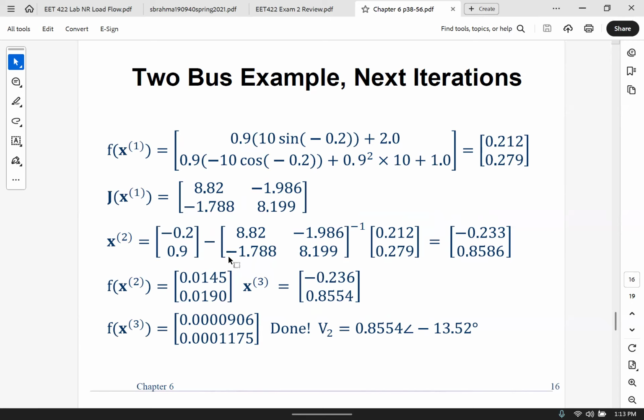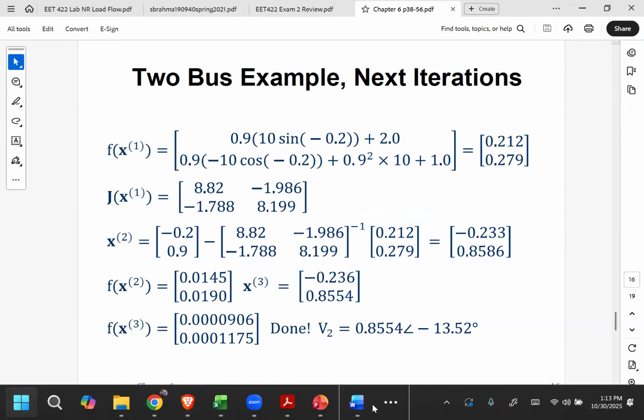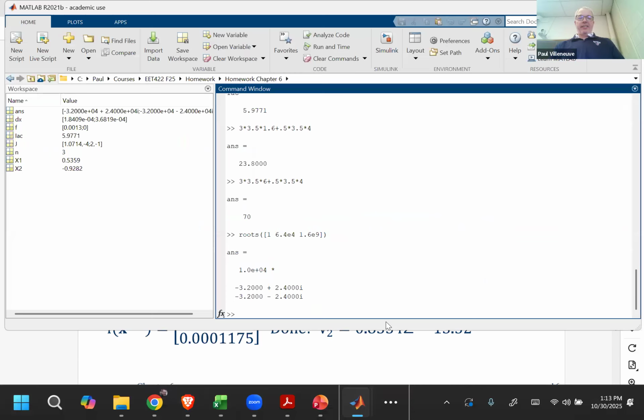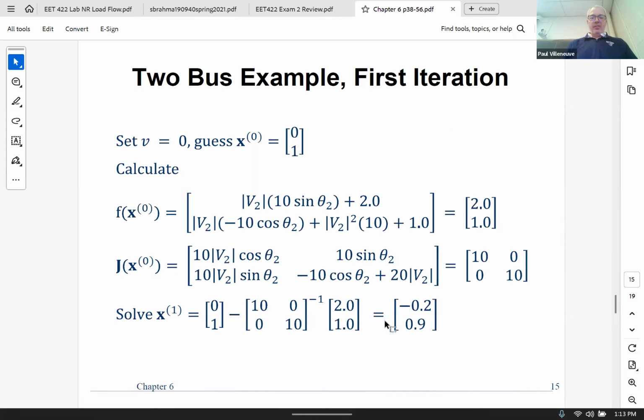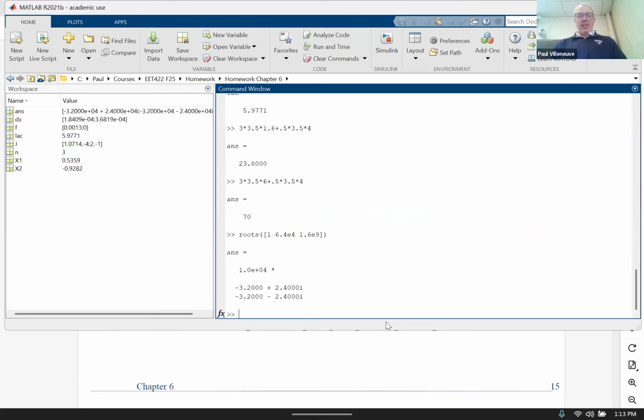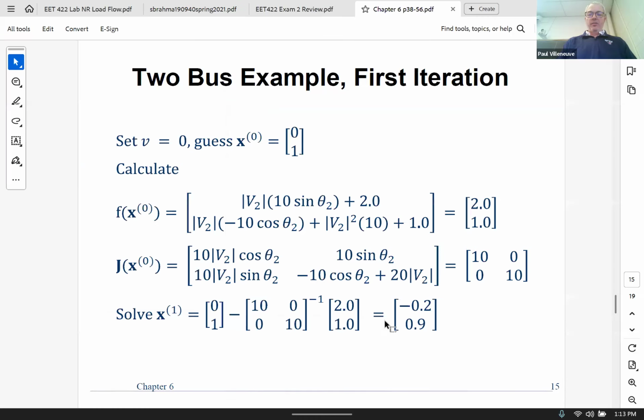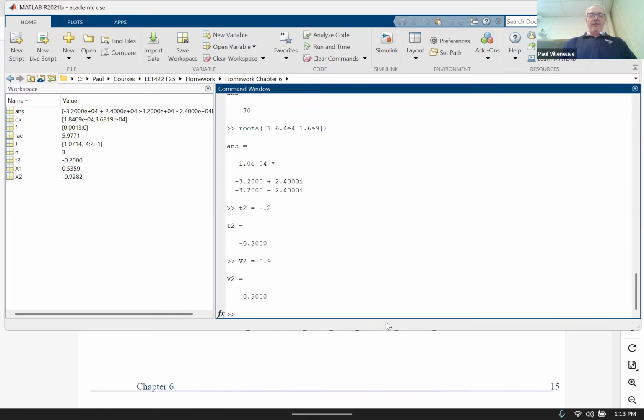Okay. You want to do it here? It wouldn't hurt. Sure. Let me bring it up. Like I said, I'm just going to use my calculator. Everything's on this page. So I'll call theta 2 equal to minus 0.2, and V2 is equal to 0.9, right?